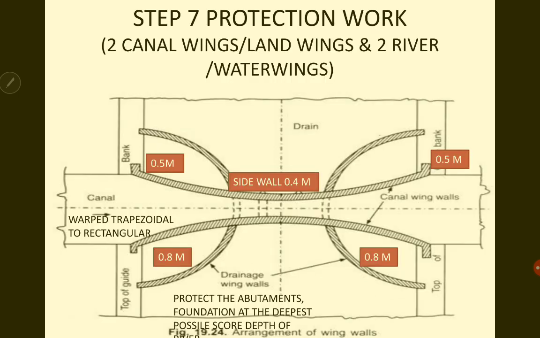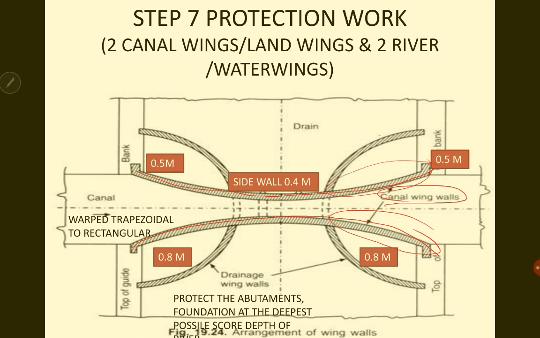The next step is to find the protection works. Here you will have 4 wing walls actually, 2 canal wing walls and 2 river or drain wing walls. You can see here these are the canal wing walls. This is how the canal is going to flow. This part is called the canal wing walls.